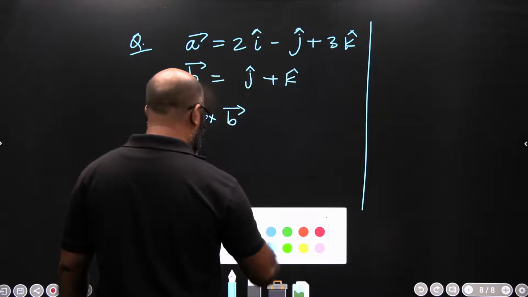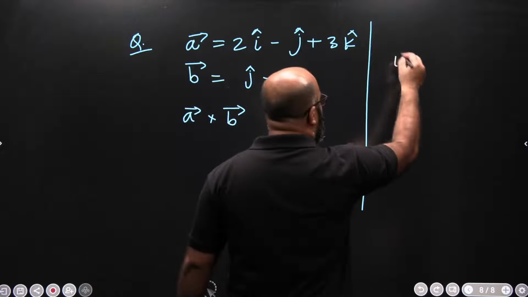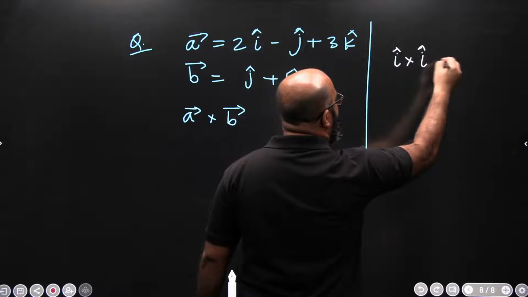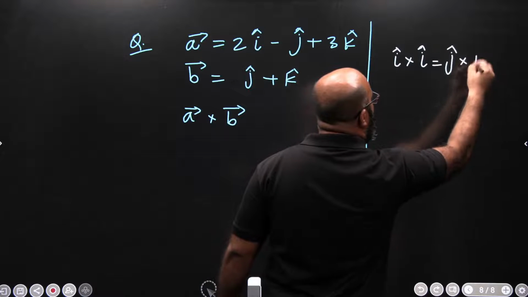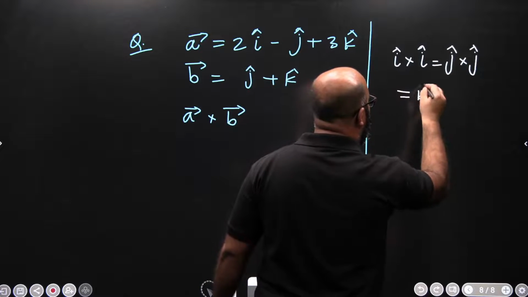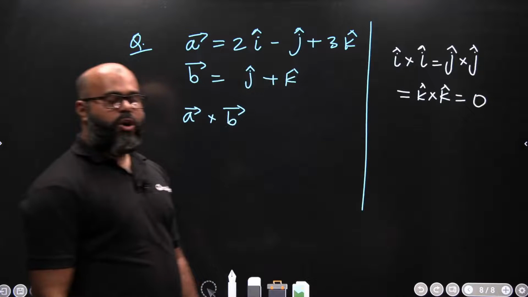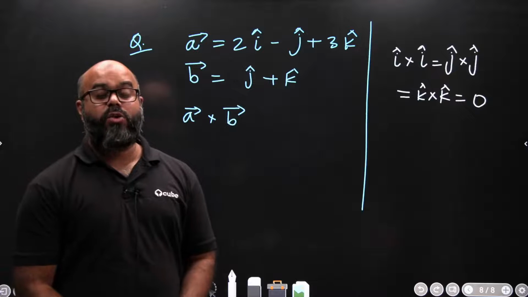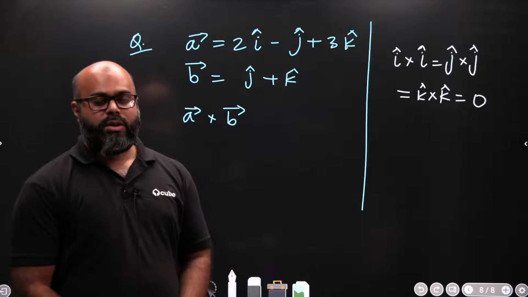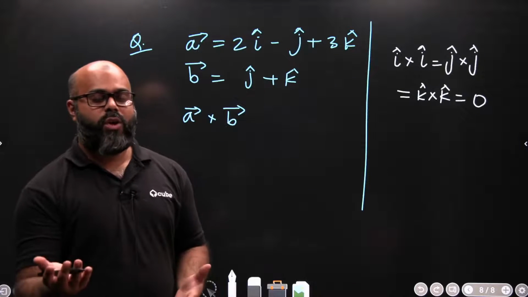The rule is, if we take i cross i, or j cross j, or k cross k, all of them are equal to 0, because the angle between i and i is 0 and sine 0 is 0. The same for j and j, and for k and k.